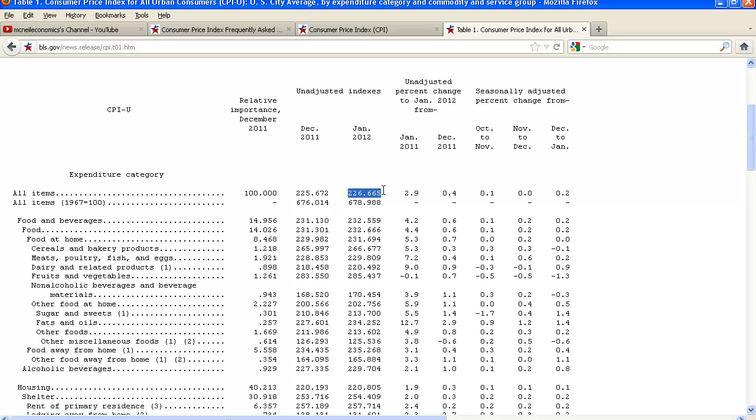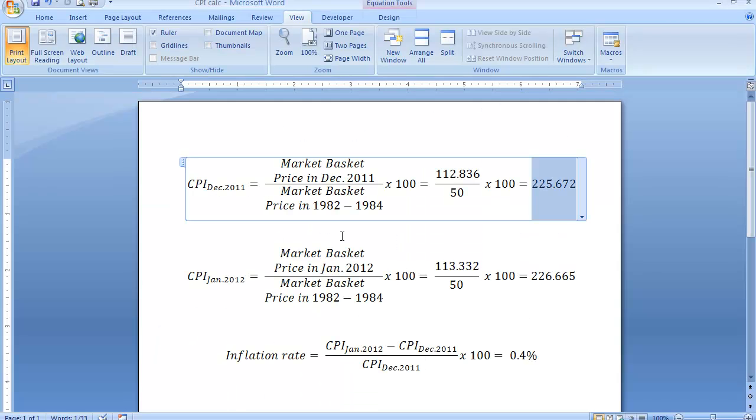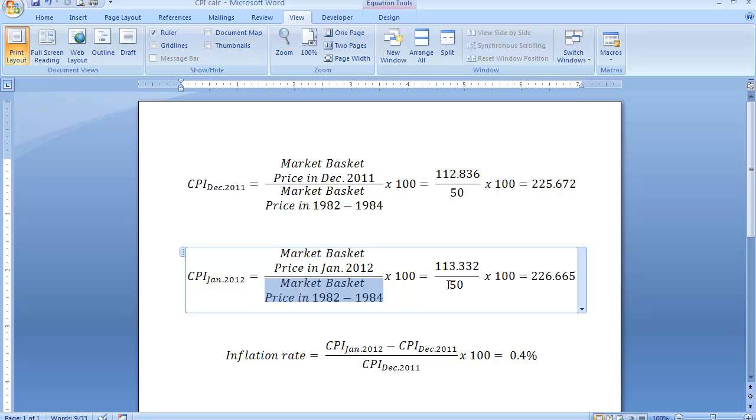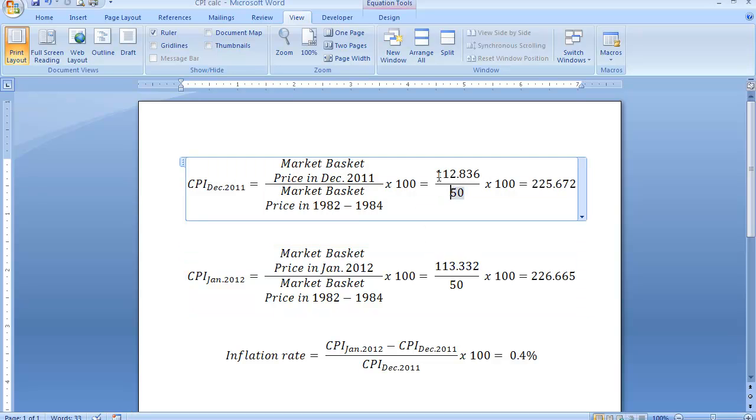Let's take a look at January 2012, where the actual CPI was 226.665. So again, keeping the market basket the same $50. And if you know the CPI is this number, then you could easily mathematically show that the market basket price in January 2012 was 113.332.